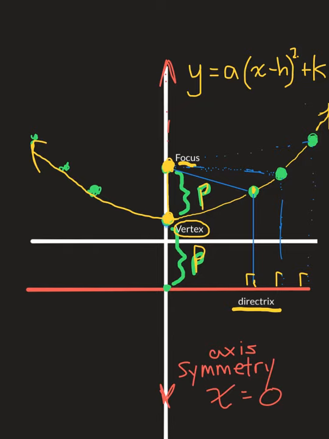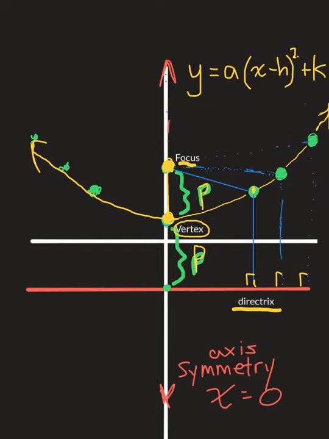Okay, that is the formula you need to determine all the important stuff about a parabola. I told you that you need to know the vertex in order to find the focus. It just happens to be, just randomly, I'm sure I didn't plan this, right?